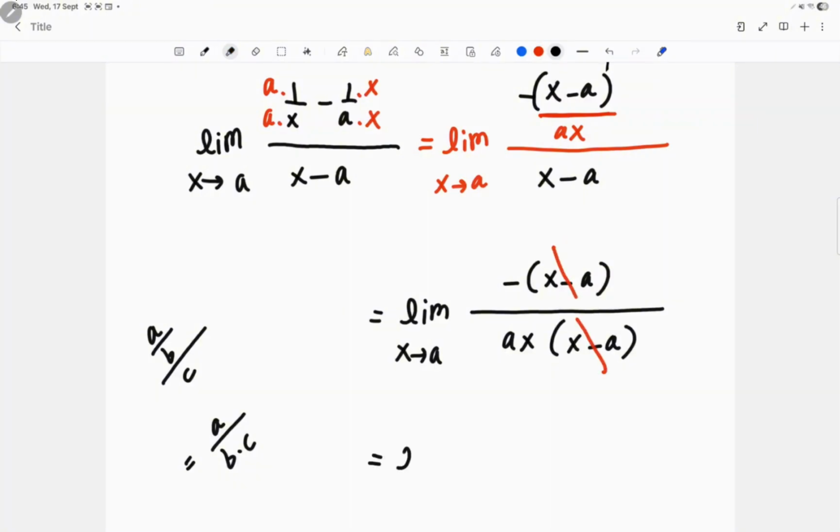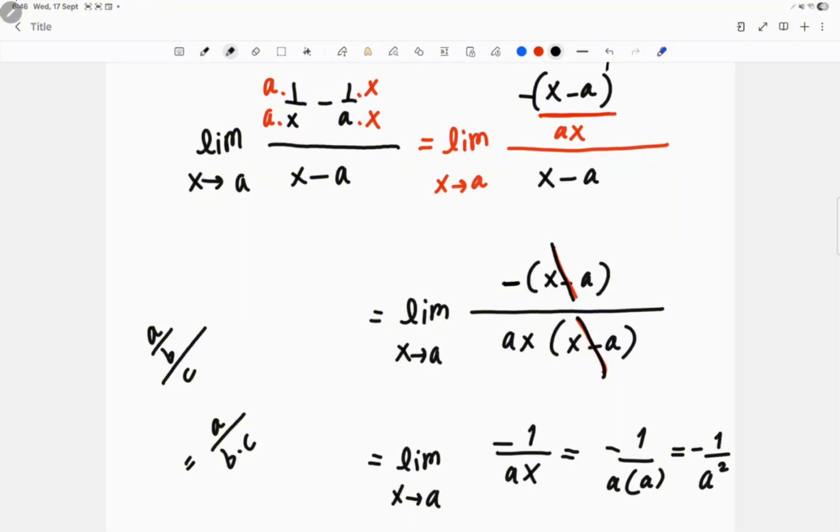You'll end up with the limit of x approaching a, minus 1 over ax. So where did you get the minus? Oh, because there's a minus here, and when I cancel it, it becomes a 1, not a 0. Now it's time to replace the x with a, so minus 1 over a times a, so minus 1 over a squared. Yeah. That's fine. Good?